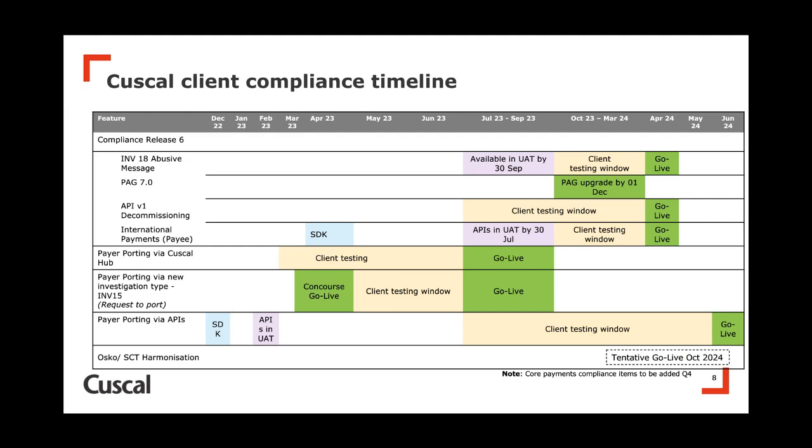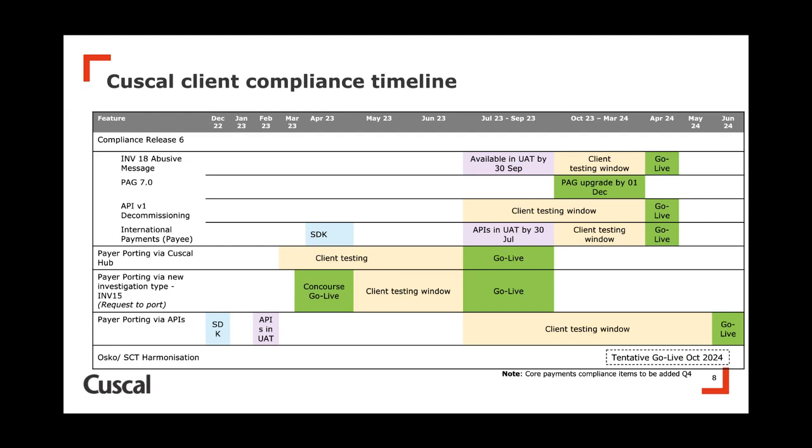Also, we're happy to work with them separately if they have any that can connect directly to the NPP product, but that's where the timeline is. The solution will be available for the APIs work by the 30th of July.